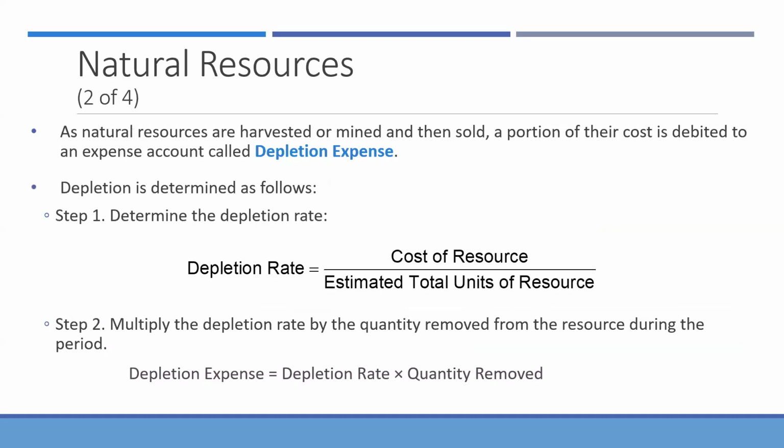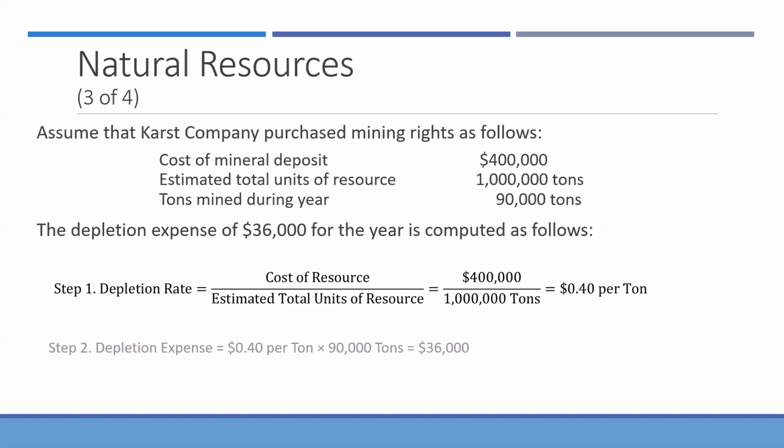And I guess just a general comment, this is an estimate, and the estimate is revised every year. Every time there's a new geologist survey that determines there's a new number of tons available, or if we're putting additional costs into it, we're adjusting our estimate, similar to how we're adjusting useful lives and salvage values for fixed assets and equipment.